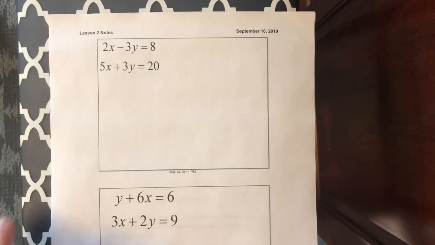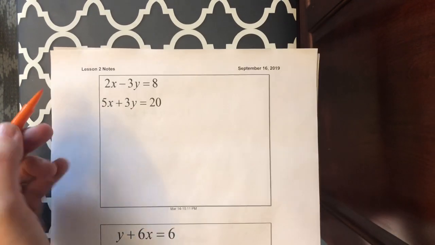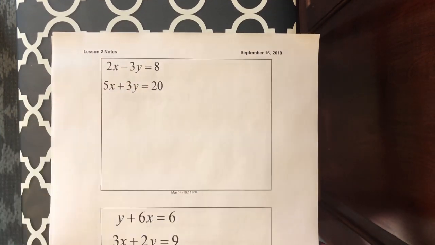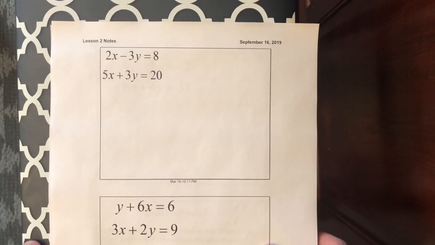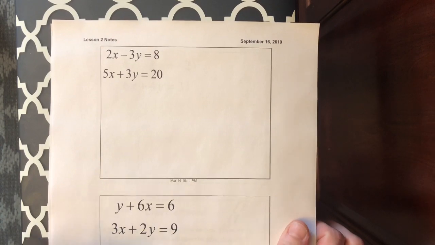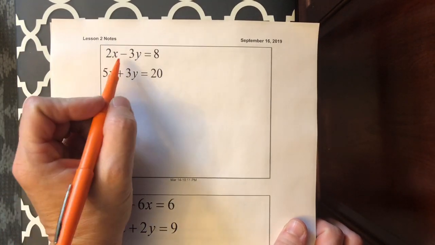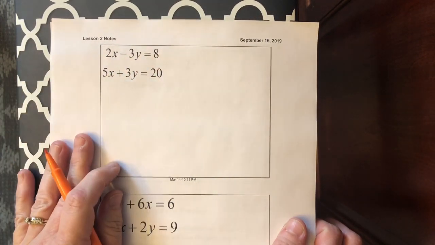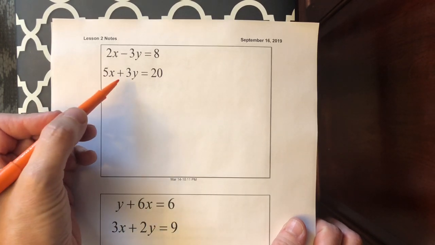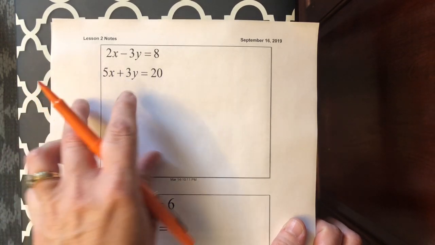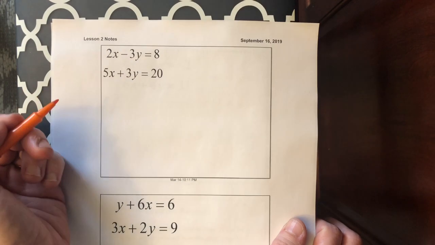Okay, so in this slide, we have this problem. Notice that it's in standard form, so it wouldn't be a very good idea to use graphing. There are no really nice intercepts except maybe here and here.